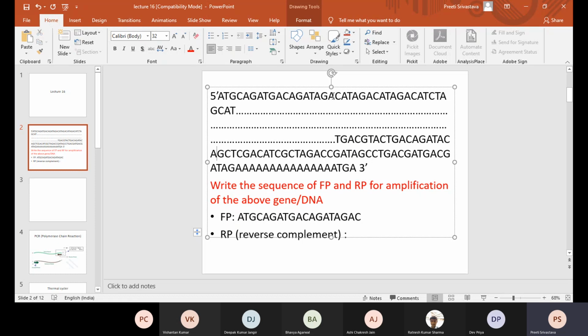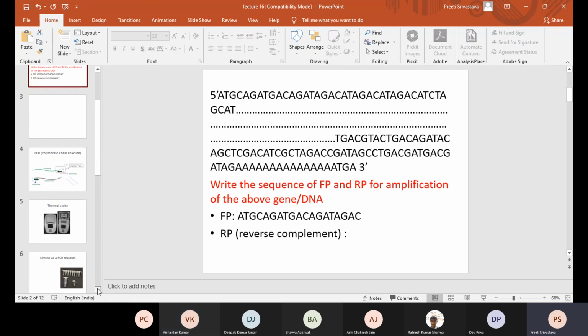Likewise, you can select a region upstream here as well. You need not design a PCR primer beginning from the initiation codon, because your interest is just to check whether the gene is present or absent. Is this making sense?